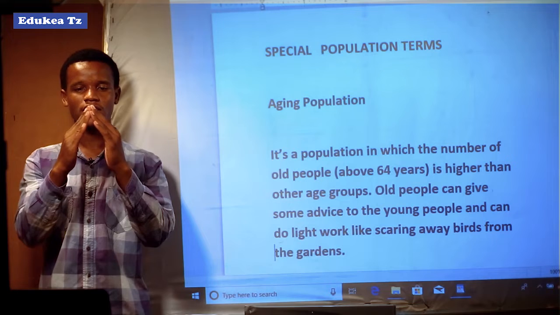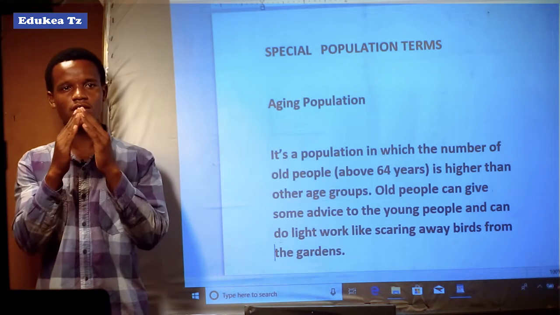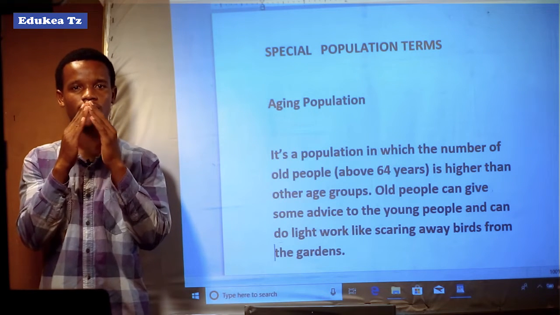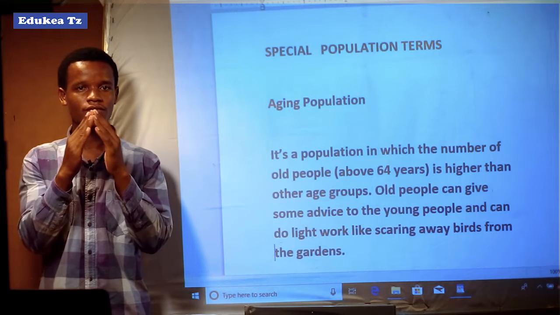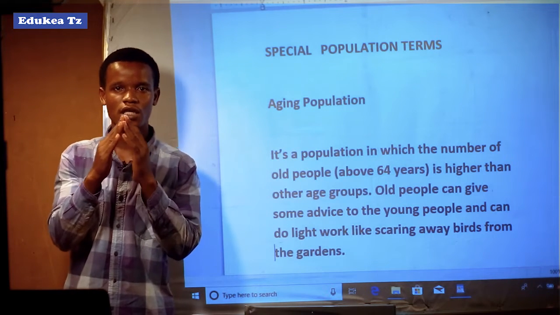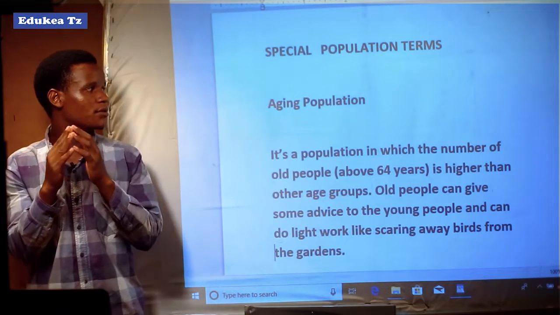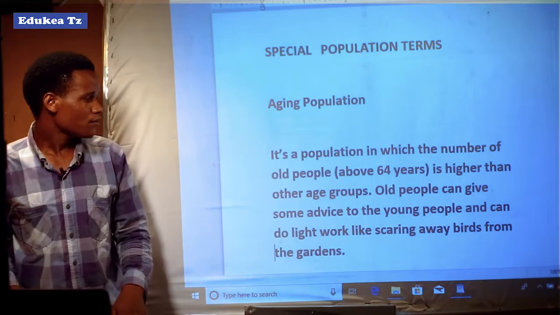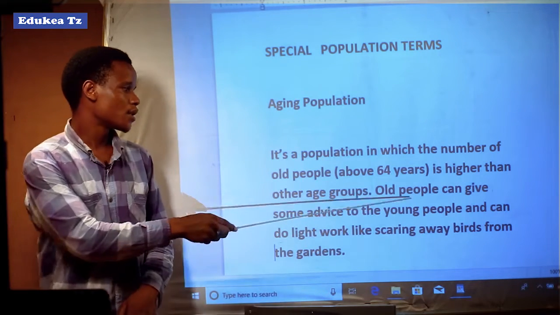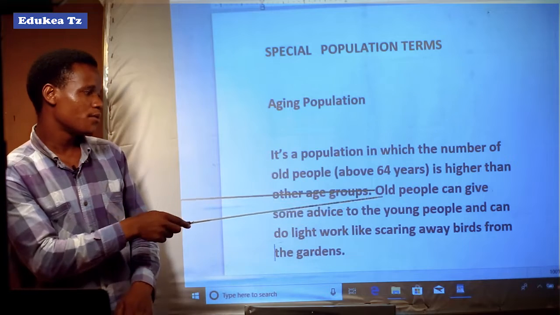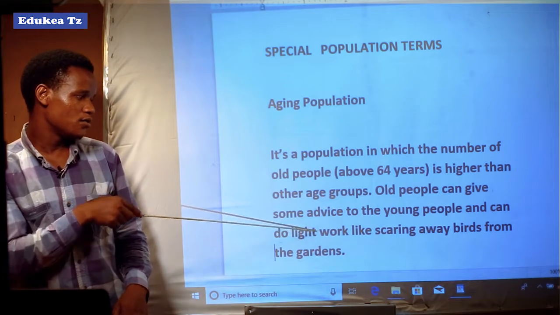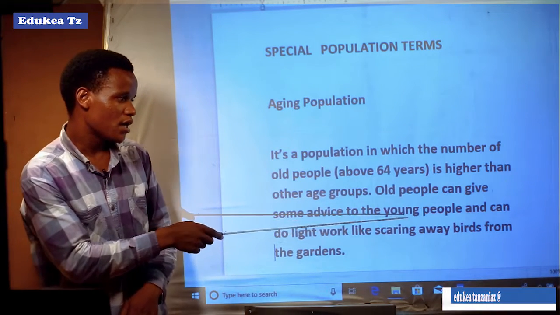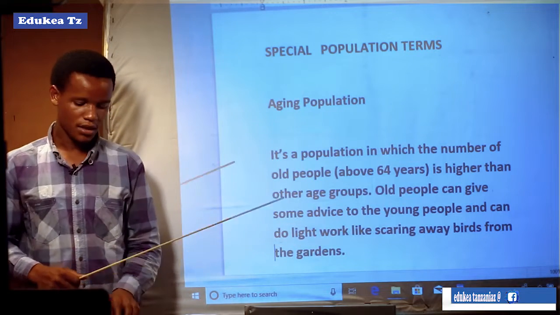Those with the age of 64 and above are termed as an aging population. Old people can give some advice to young people, and they can do light work like scaring away birds from the gardens.